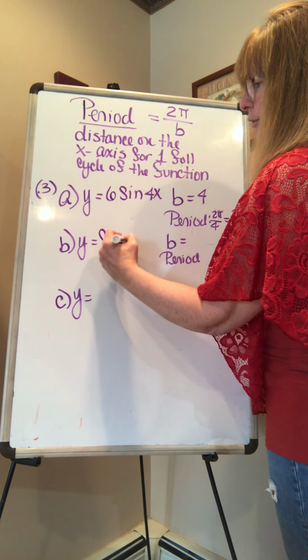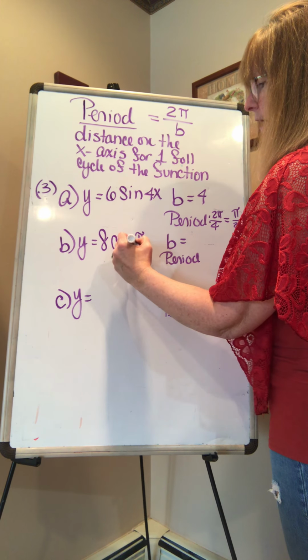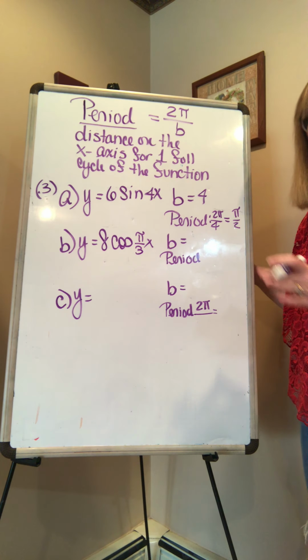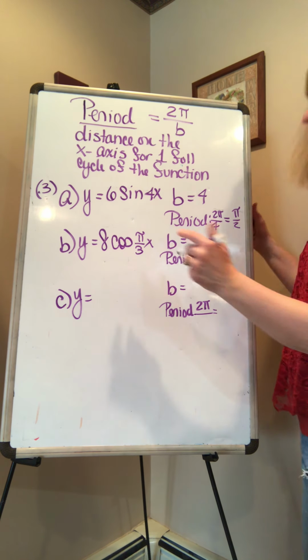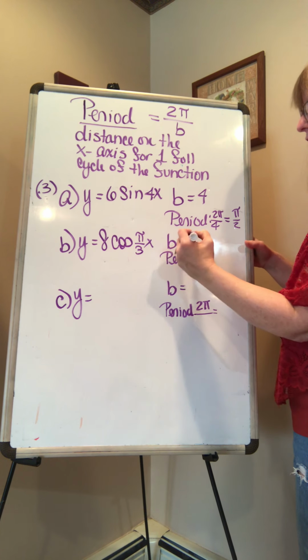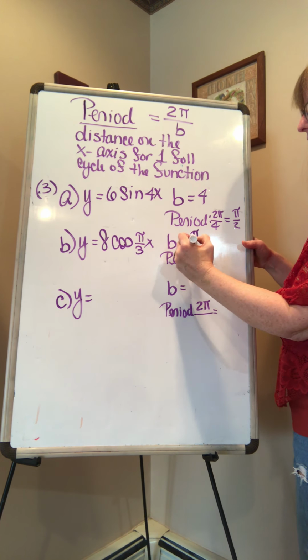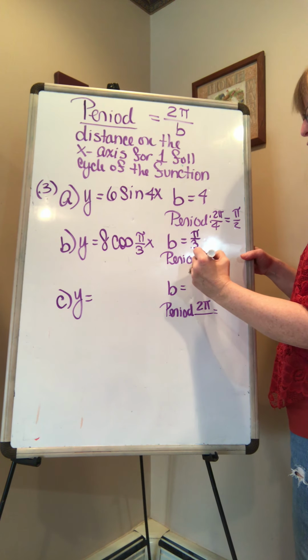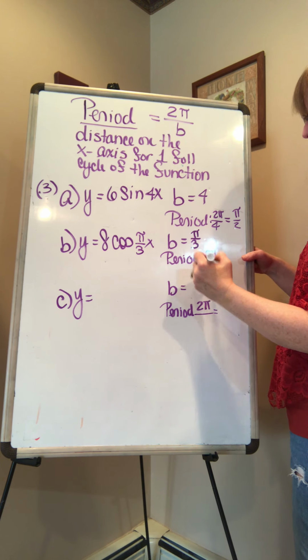Well, don't get concerned. Same work. The frequency now is pi over 3. And the period would be 2 pi over pi over 3.